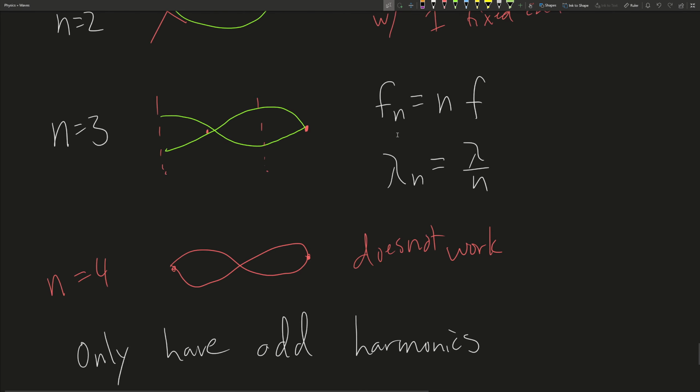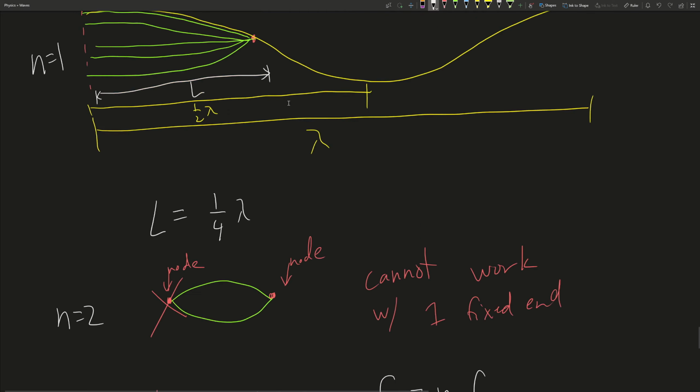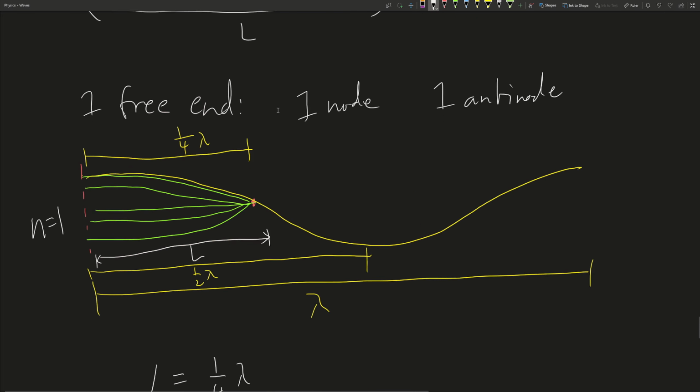And then finally, when this is length L, you have L is equal to n times the wavelength of the nth harmonic divided by 4 instead of 2, because you see each of these is equal to the wavelength divided by 4. As you see at the start here, this is 1/4 of a wavelength.